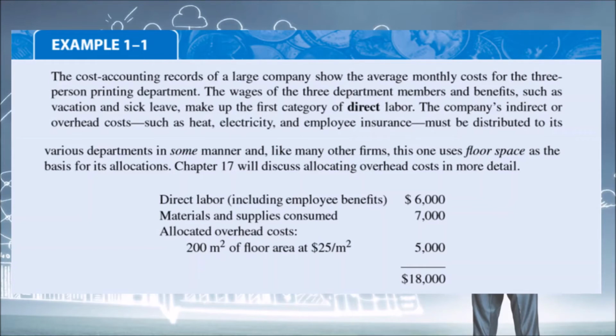So we have direct labor, $6,000, materials and supplies consumed, $7,000, allocated overhead cost, we have 200 square meters of floor area at $25 per square meter, amounting to $5,000, and a total of $18,000 of cost.